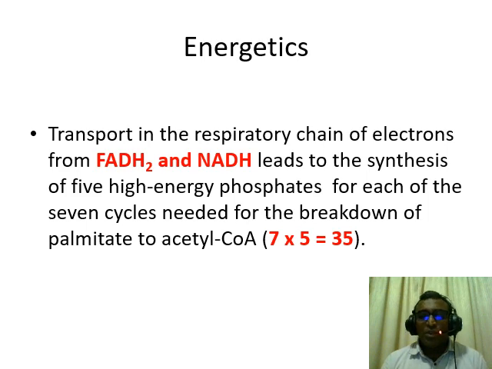So if you put together the 7 FADH2 multiplied by 2, you get 14, and then 7 multiplied by 3, you get 21. So 14 plus 21, you get 35 ATPs in total for the 7 cleavages or cuts happening on the palmitic acid.